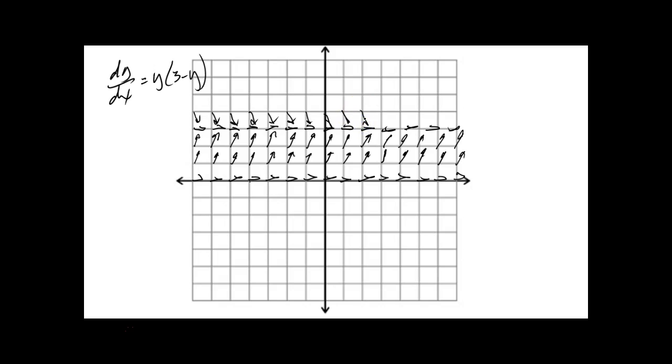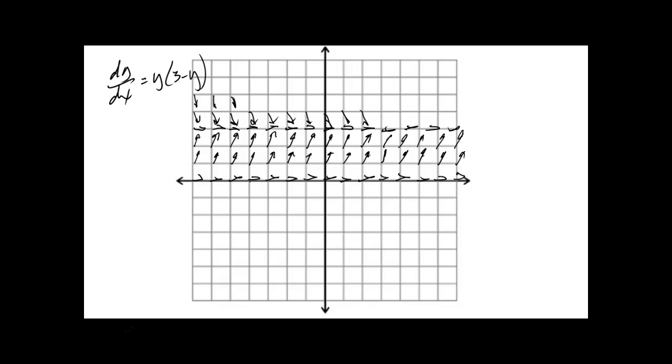And when you go up to y is equal to 5, that will be 5 times a negative 2, a negative 10 slope. Wow, really steep, okay? And so on. The higher you go, the steeper and steeper it gets, always negative.